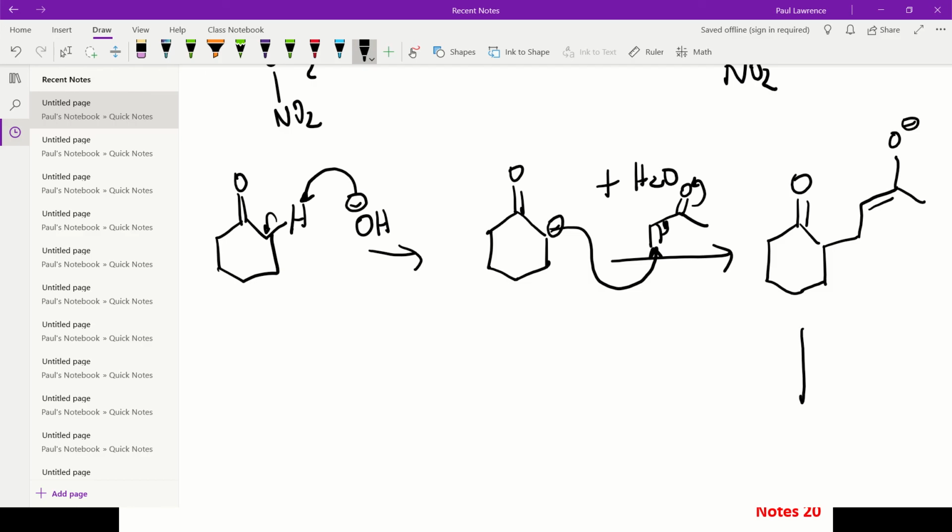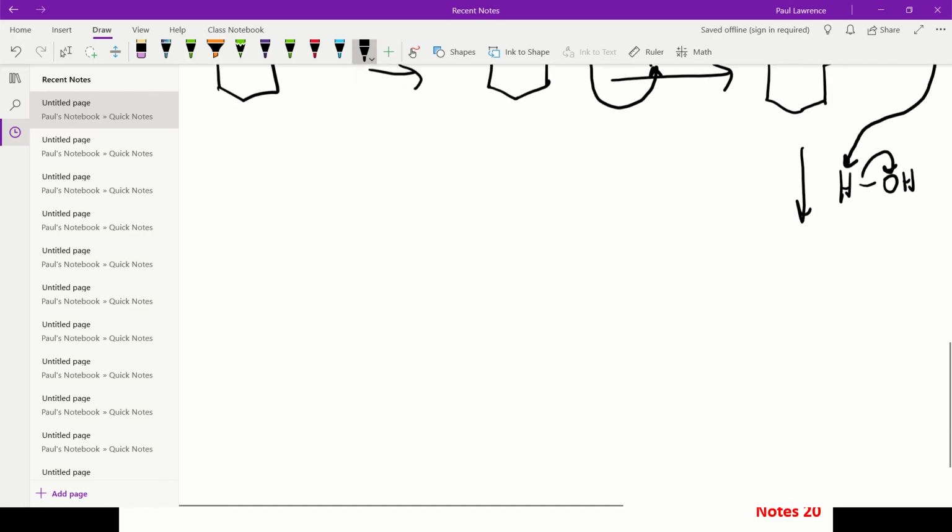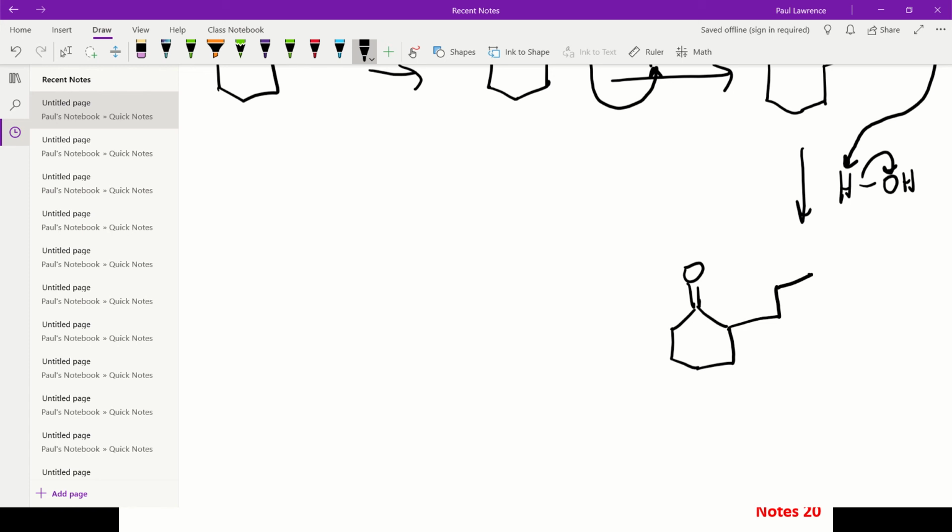And we have water hanging around because it's right there. So the alkoxide is going to come and we will do a proton transfer to make this. And there we go. But what did we also regenerate?